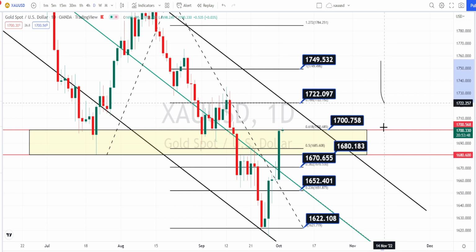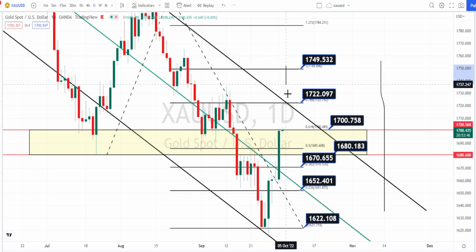So these are all the resistance and support levels for current price action in daily time frame. And currently the price action in daily time frame is on a bullish side retracement, trying to break this psychological resistance level of 1700, and if the breakout fails, wait for the price action to break this long term support level of 1680 in order to take trades on the bearish side.